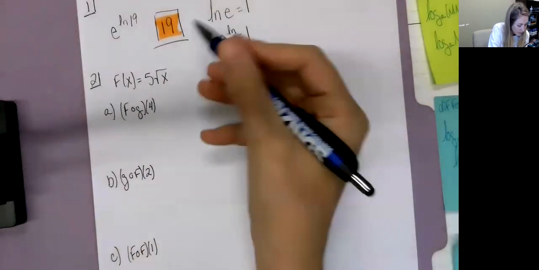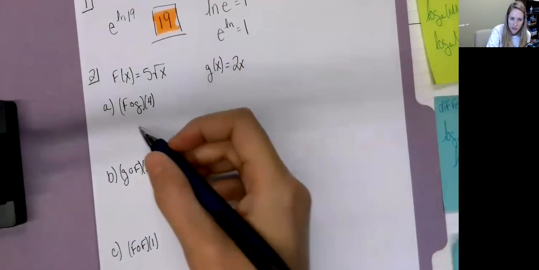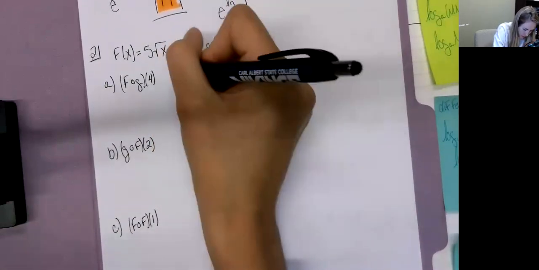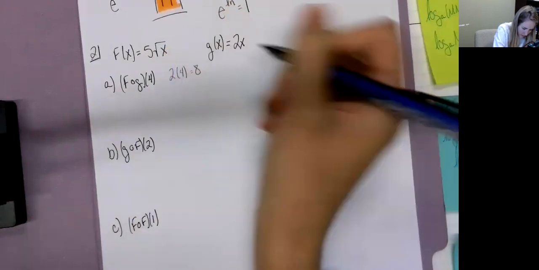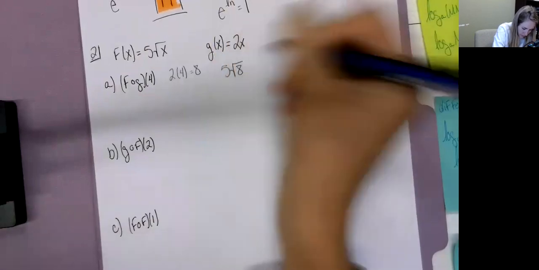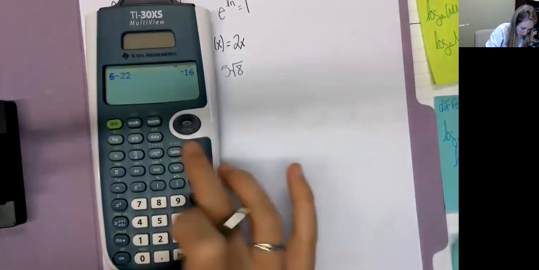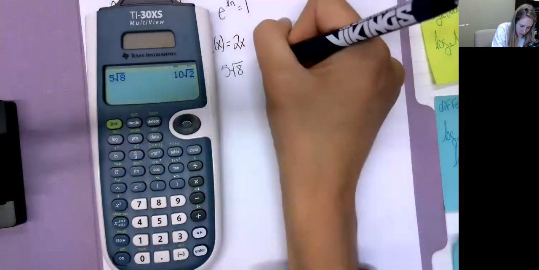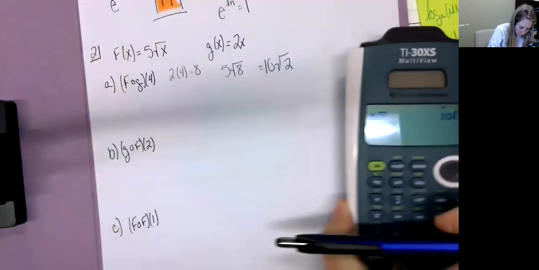All right, we're going to go ahead and do this composite function. This composite one, they give us numbers, so we're going to do g of x first. So we're going to have 2 times 4 equals our 8. And we're going to put this 8 here, so we'd have 5 square root of 8. That's when I really want y'all to have these calculators. So our answer would be 10 square root of 2 on that part.